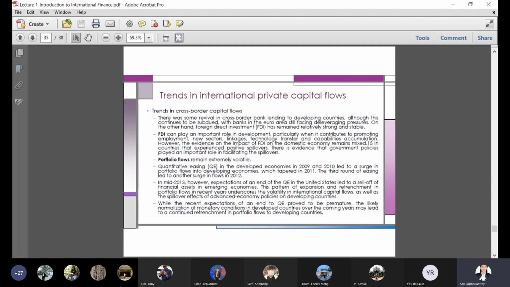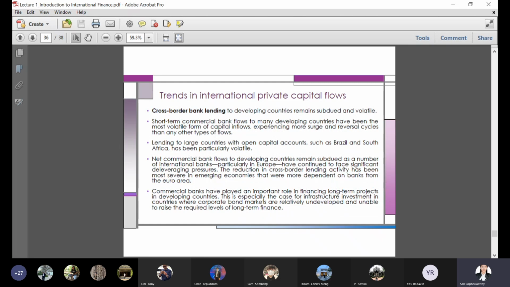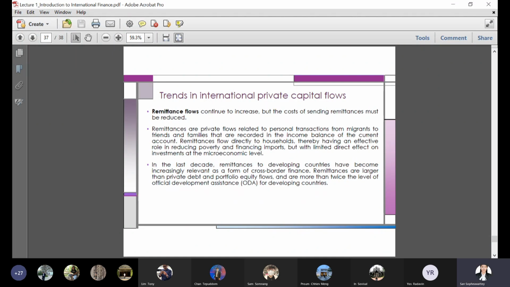If we see FDI, portfolio flow, and cross-border lending, they have more direct impact on investments at the macroeconomic level. But remittance is a more personal transaction, directly to households. You cannot see a huge impact on investment. But it has an important role in reducing poverty and financing imports, which has an indirect impact on investments.